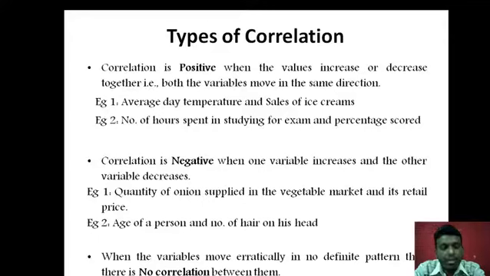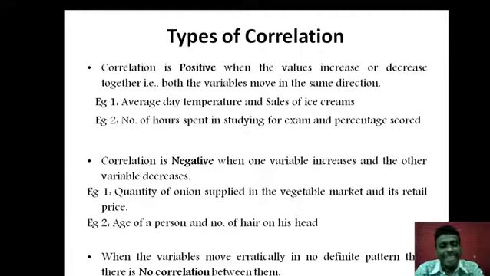For example, the quantity of onions supplied in a vegetable market and its retail price. We know as the supply increases in the market, the price associated with that product decreases. So if more onions come into the market, the retail price, the per kg price, decreases. So both are moving in the opposite direction.